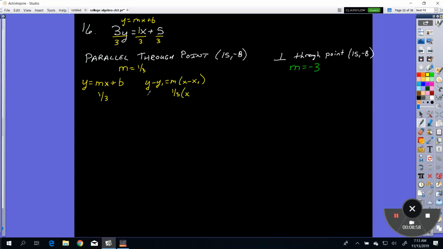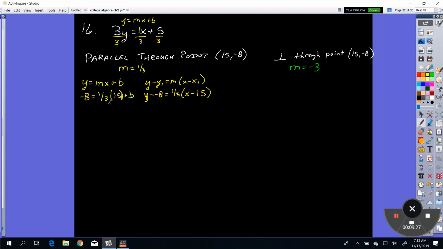That's the x, that's the y. Now I'm going to plug in my point. Y is negative 8. The x is 15, plus b.